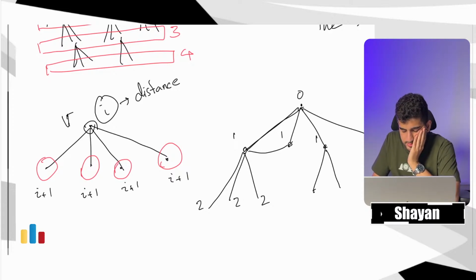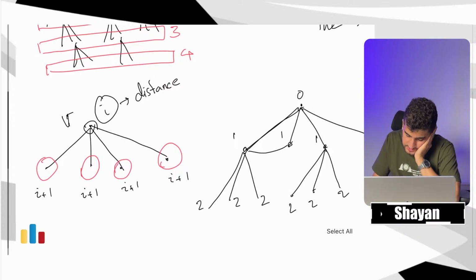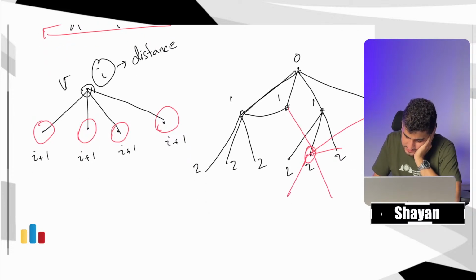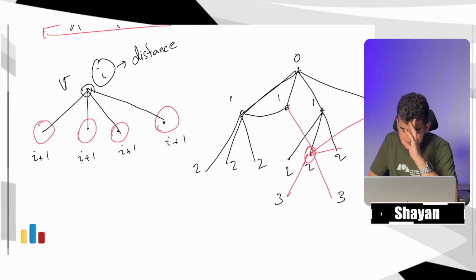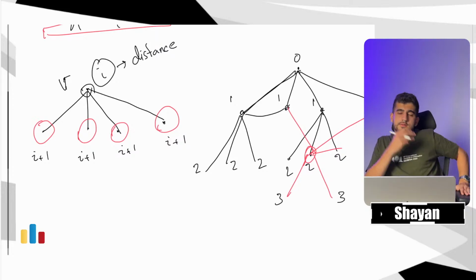I do it for all these vertices. And again, when I come to these vertices, maybe they have some neighbors in here, some neighbors in here, but they will have some other neighbors as well. If they have a neighbor whose distance is not set yet, I need to set the distance of that neighbor to be 3. And so on.